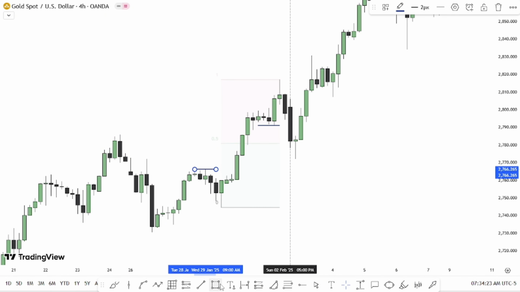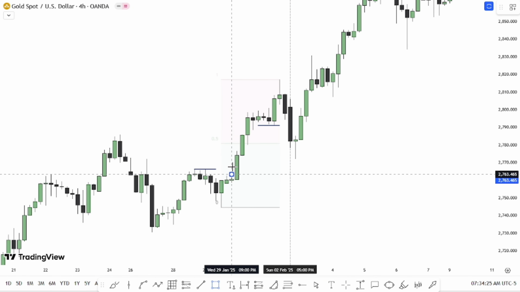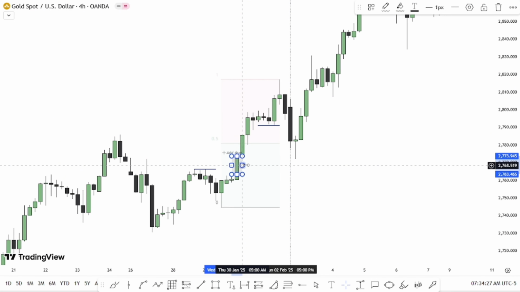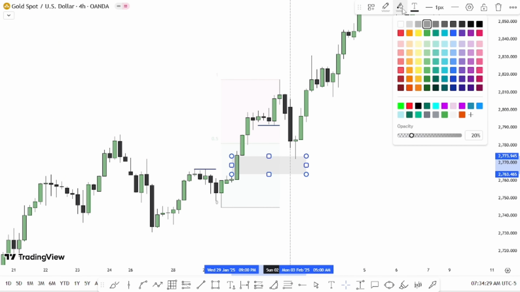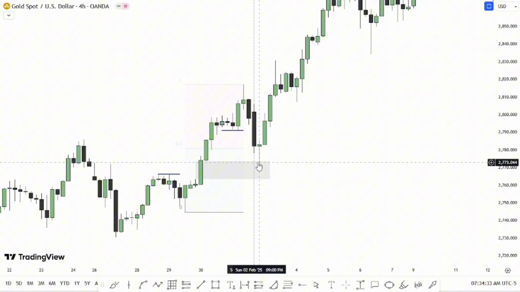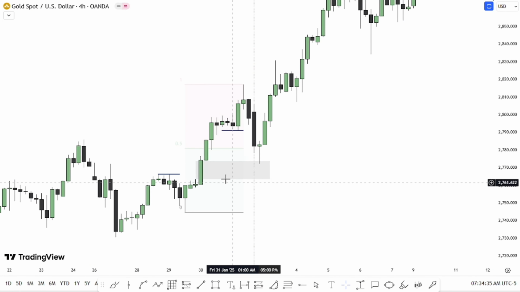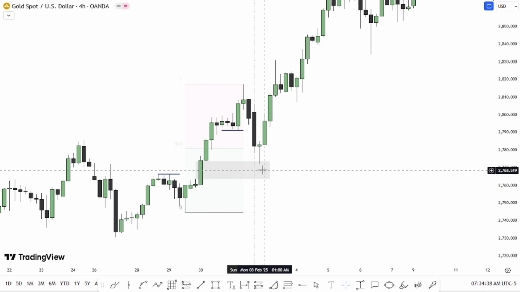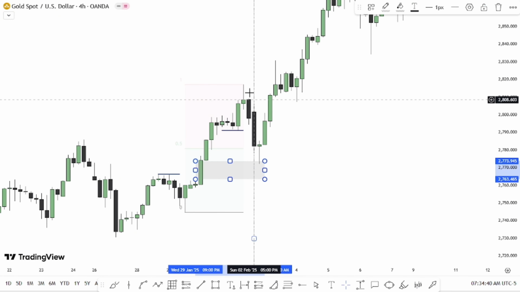Let me mark this 4-hour fair value gap. Now you have to do this one thing: internal to external. Internal to external is nothing but the FVG to the old high or old low. If price dips back into the internal range, it will go to the external range. That's all.